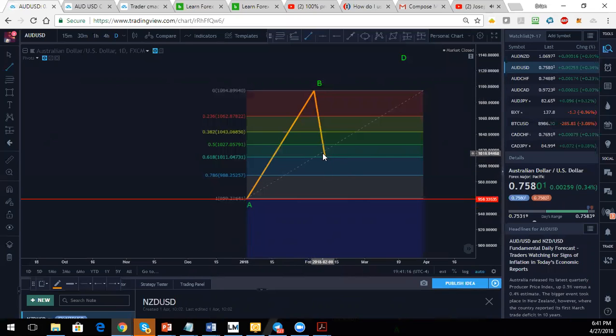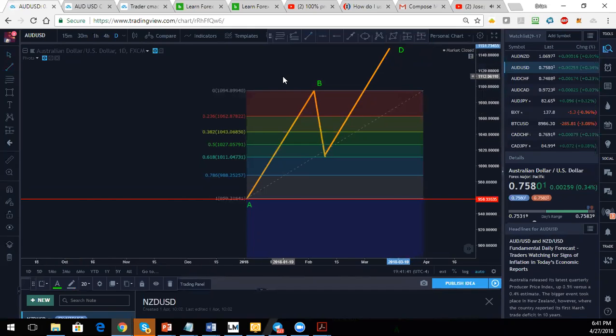So if you want to know where this ABCD pattern is going to end, you just simply copy the same size of the AB leg and add it to your C point. And that should be the exact level where you should be looking for a retracement.